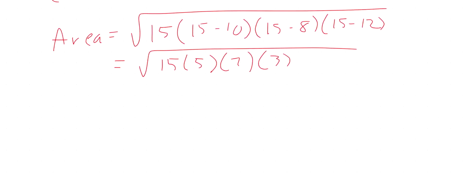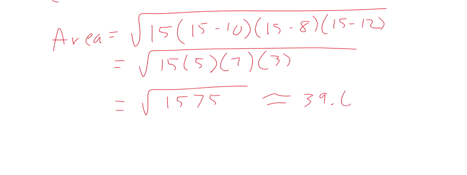So that is going to give us the square root of 1,575, which is roughly 39.6862696666 units squared.